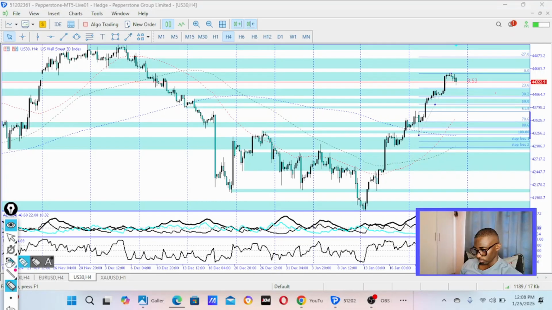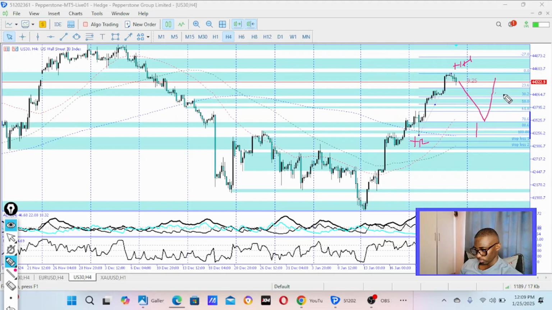We are expecting the pair USDT, because this was a higher low and this was a high, price closed in a high, to open or make a higher low this week.